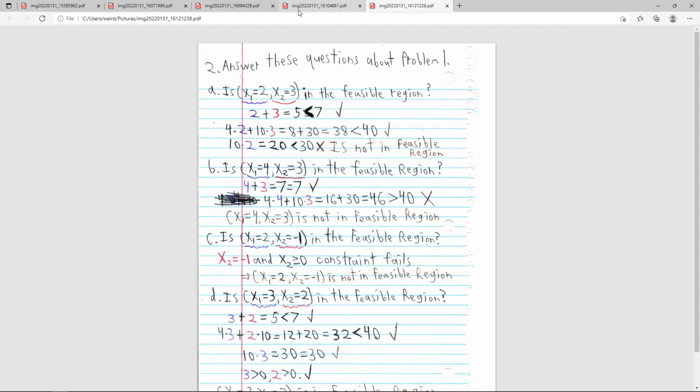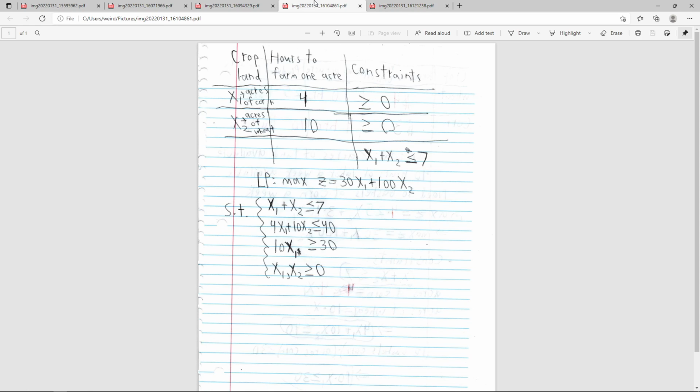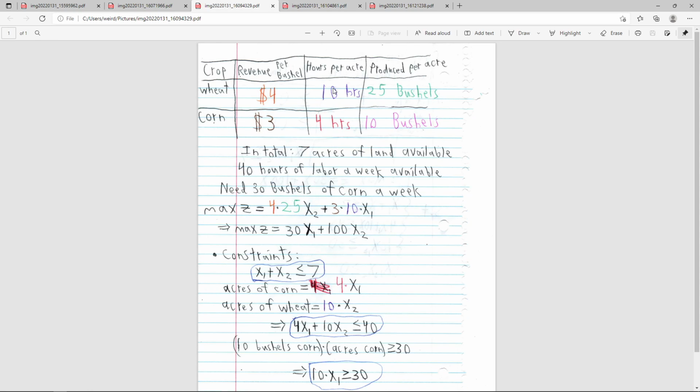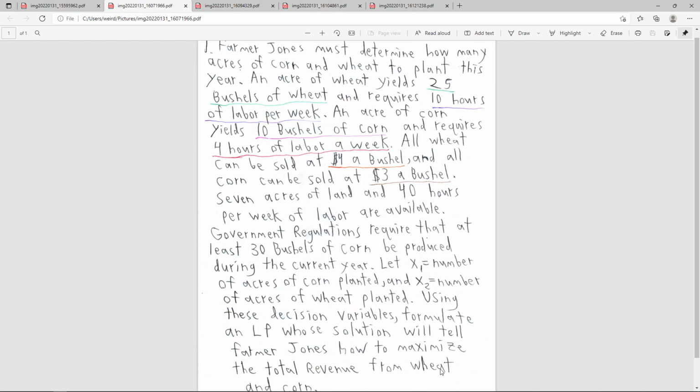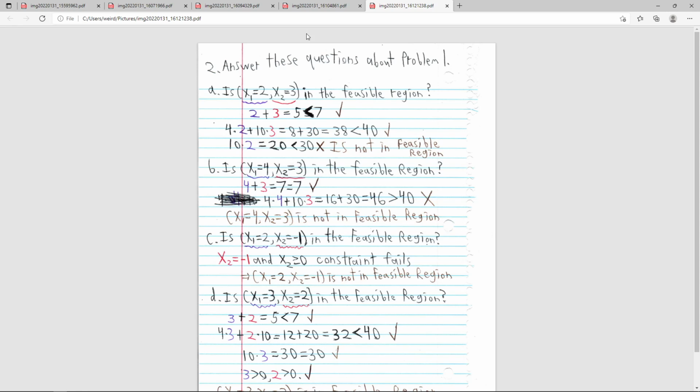Remember, x1 equals the number of acres of corn land, and x2 equals the number of acres of wheat. And we need 30 bushels of corn.